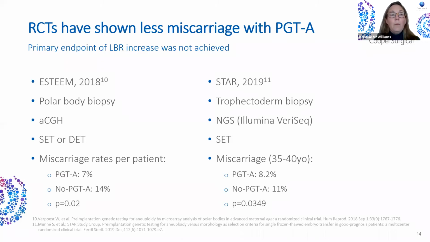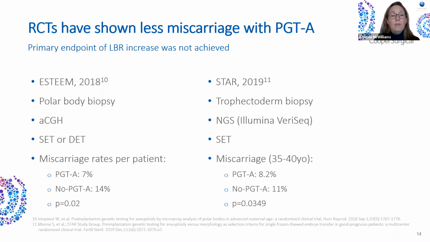There have been a couple of randomized controlled trials that have shown some impact for PGT-A in reduction of miscarriage. However, it's important to note that for trials to date, study of miscarriage and miscarriage reduction was not the primary endpoint of these trials. The primary endpoint rather was achievement of an increase in live birth, and that endpoint was not achieved.